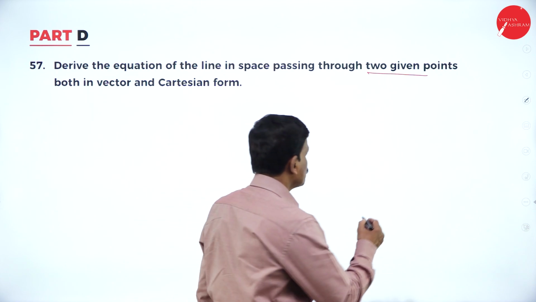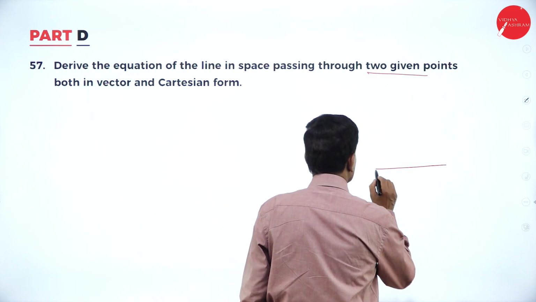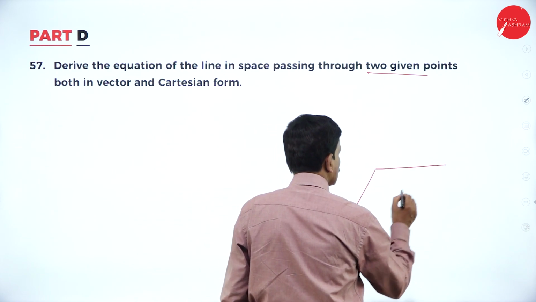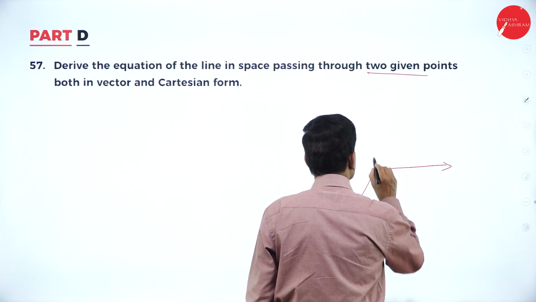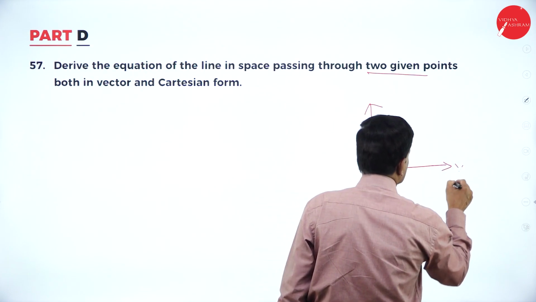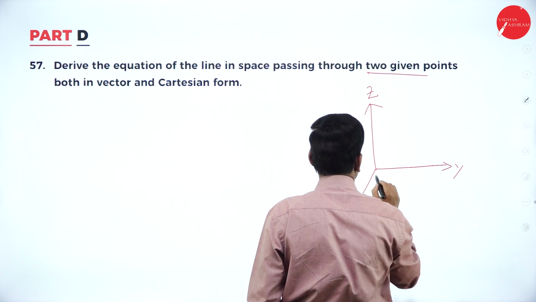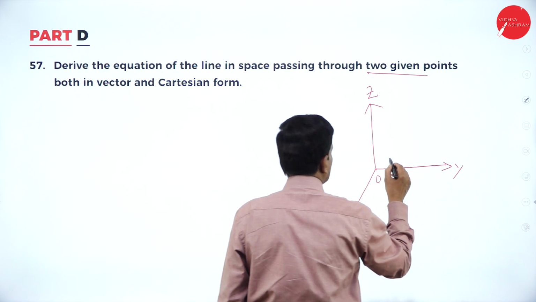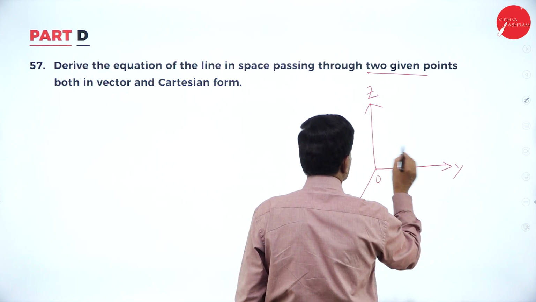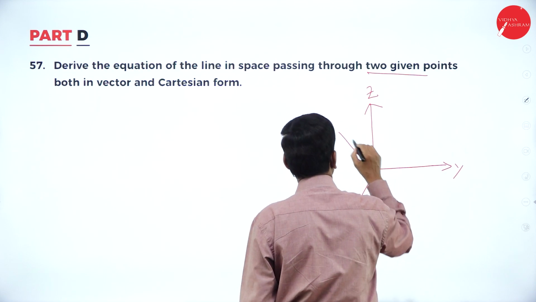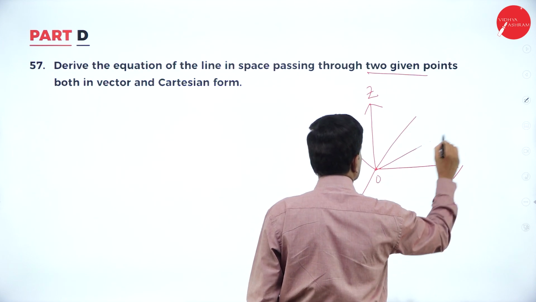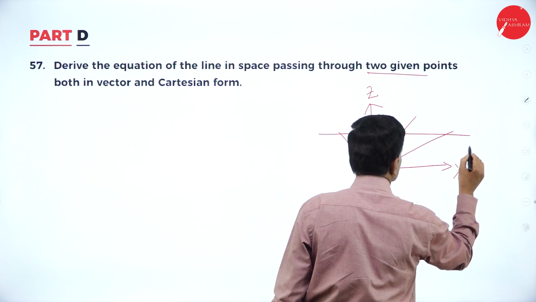Now, let a line pass through a point. Let us write this is the x-axis, then the y-axis and the z-axis. Write down the points A and B. So, a line passes through these points.